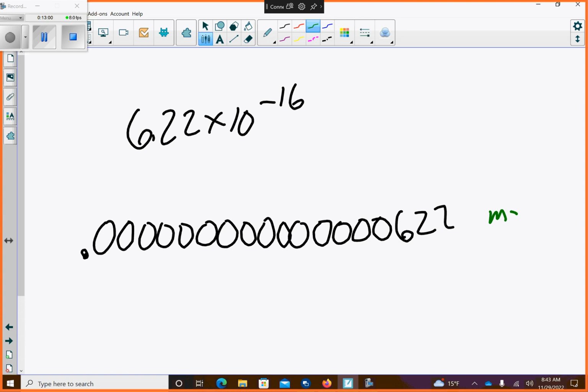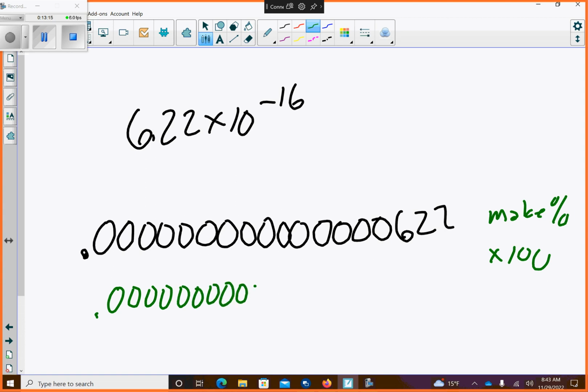To make a percent, you'd multiply it by 100, and so you'd get 1, 2, 3, 4, 5, 6, 7, 8, 9, 10, 11, 12, 13, 14. So there's 2 fewer zeros when you multiply by 100.